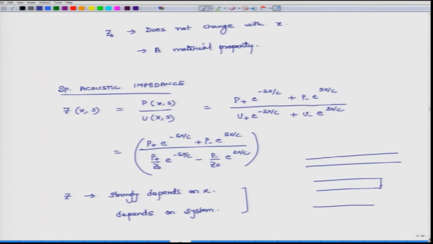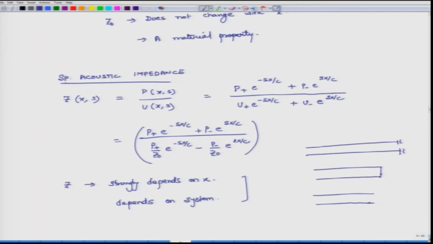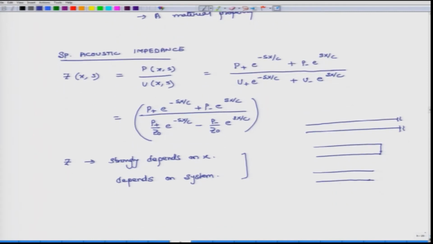You may have a third tube which is not infinitely long, of finite length, but it is open at both ends. This may have a different function for Z of x and s.